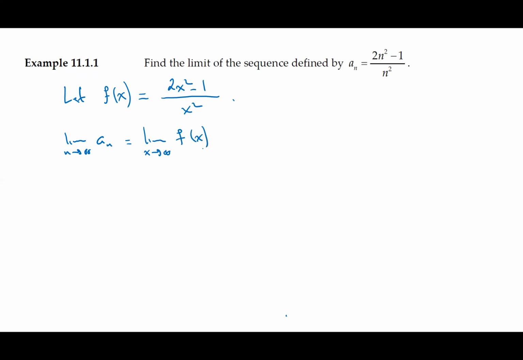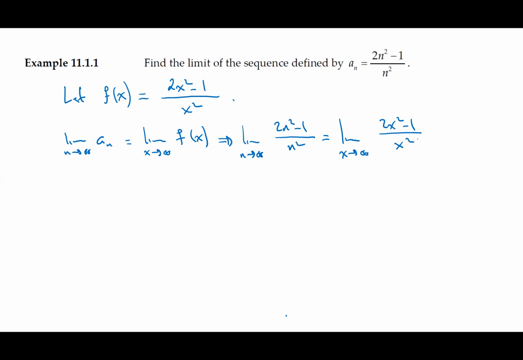That's that previous theorem. So the limit as n goes to infinity of 2n squared minus 1 all over n squared is equal to the limit as x goes to infinity of 2x squared minus 1 all over x squared.